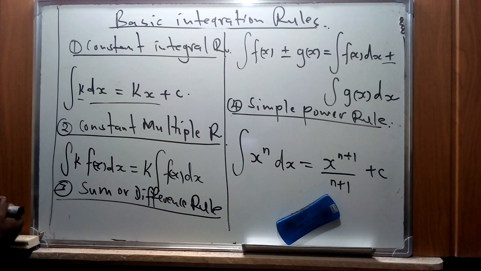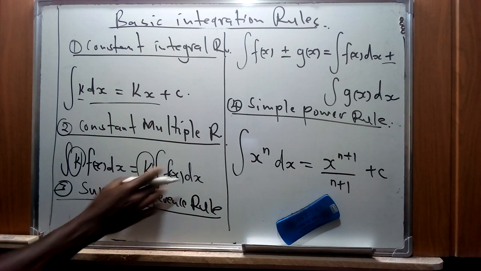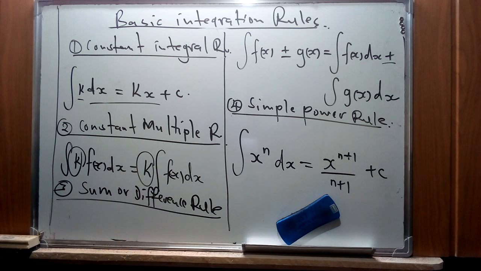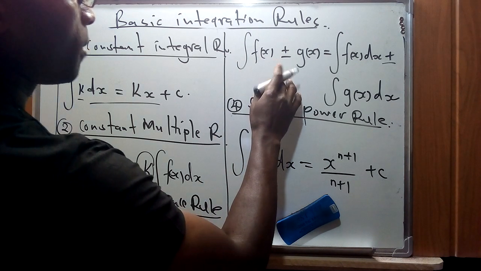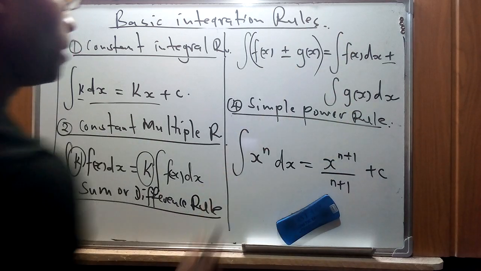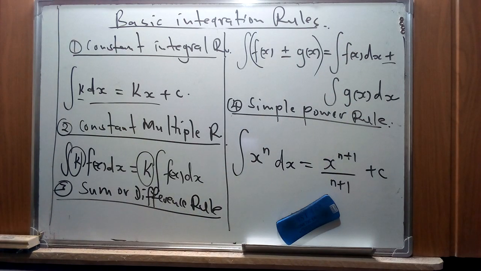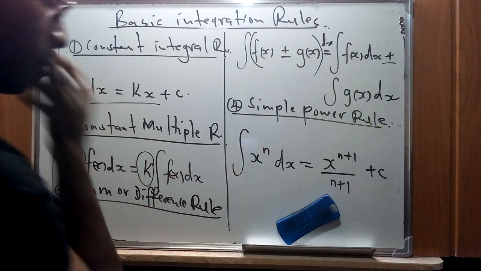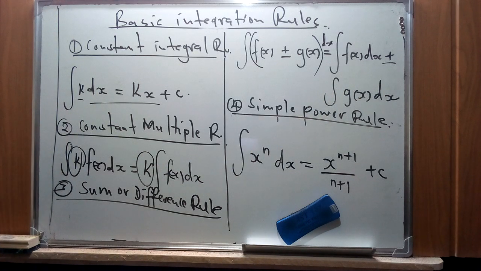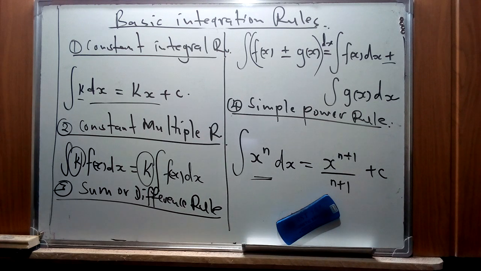The second, the constant multiple rule, takes the constant as independent, and then we find the integral of the rest of the expression. The sum or difference rule is found by finding the integral of those specific parts of the expression and then the sum or difference. And the simple power rule uses the concept of the exponents.